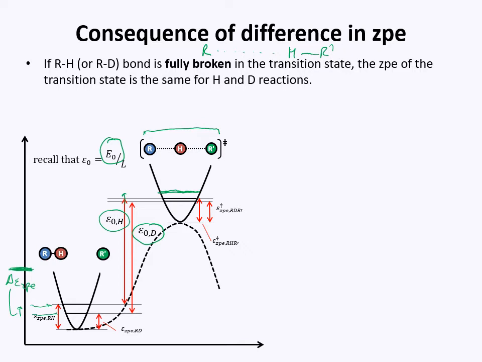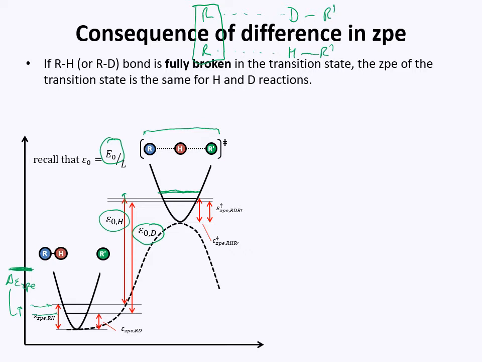Likewise the same thing for D, because it's the same mechanism. In that case, because these bonds are pretty much entirely broken, the transition state is actually R plus HR dash, or R plus DR dash, or very close to that, because the bond is pretty broken.